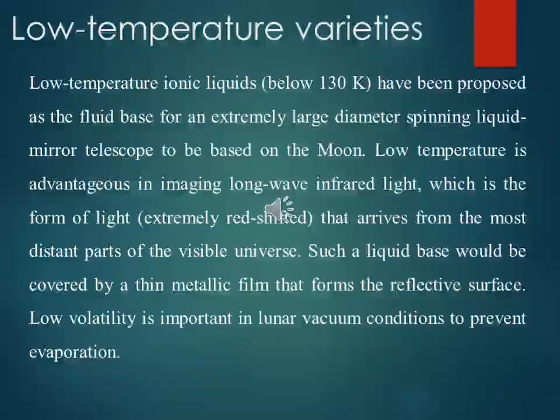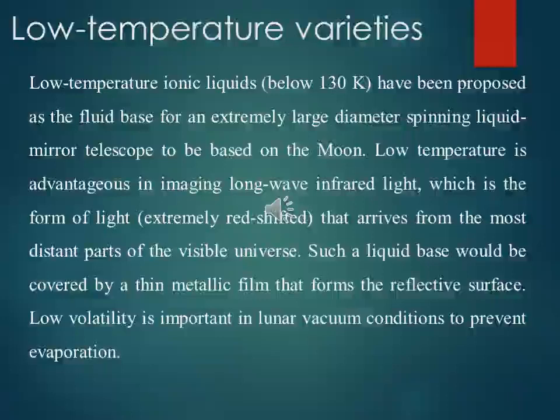Low temperature varieties. Low temperature ionic liquids below 130 Kelvin have been proposed as a fluid base for an extremely large diameter spinning liquid mirror telescope to be based on the moon.